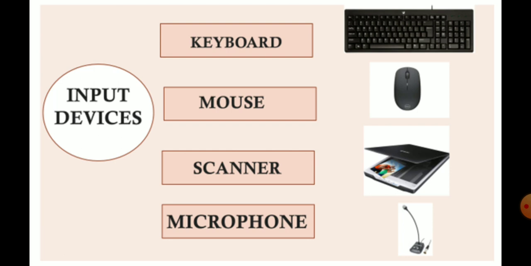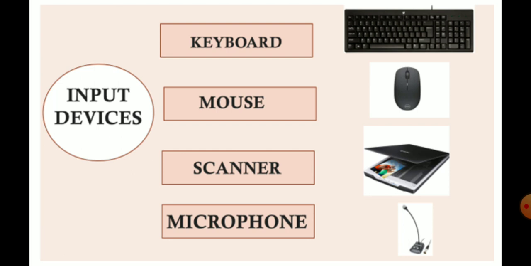Then there is another type of keys, the number keys or the numeric keypad. There are two sides. One is a numeric keypad where only numbers are there, as you can see in the first picture, and above the alphabet keys there are number keys as well.